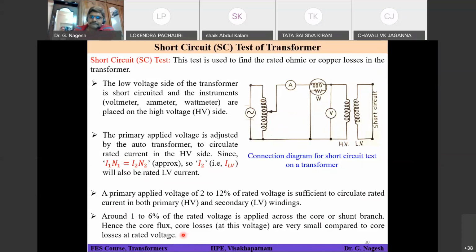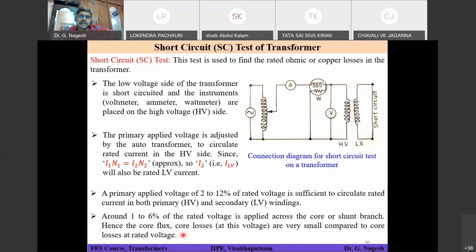Is it clear? Since 2 to 12% is sufficient, the voltage you have applied across the transformer is very less. Since the core losses are proportional to the voltage, and the voltage applied is very less, the core losses occurring in the transformer core in the present scenario are very less and can be neglected.